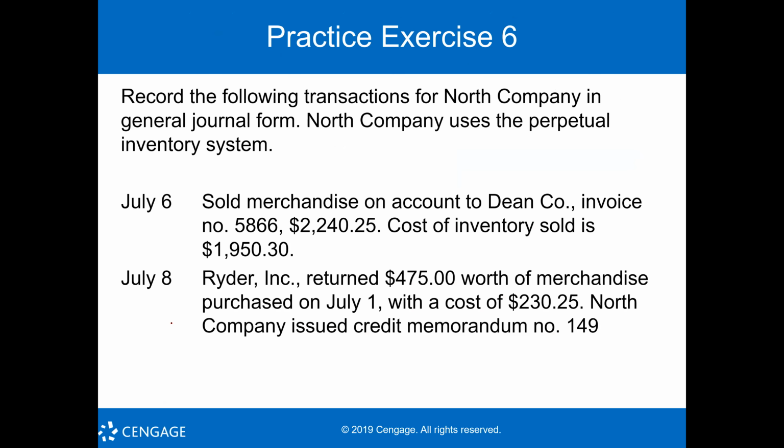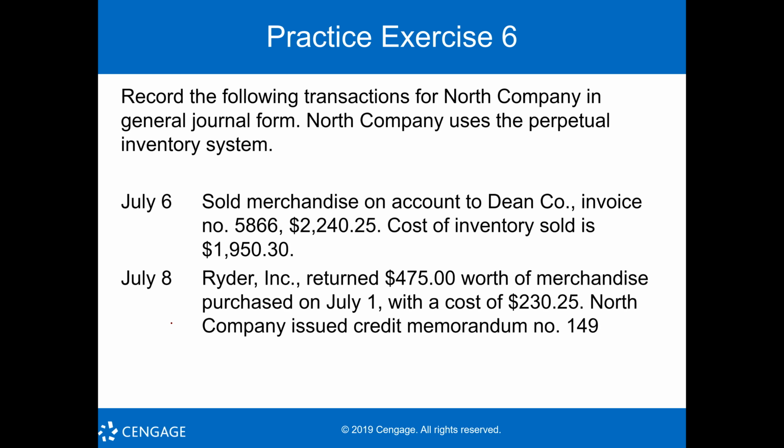All right, so here's another example. It says record the following transactions for North Company in general journal form. North Company uses the perpetual inventory system. So on July 6th, sold merchandise on account to Dean Company, $2,240.25. Cost of inventory is $1,950.30. So we're going to end up, remember, having two journal entries for each transaction, one to record the sale and one to record the cost of goods sold, right?